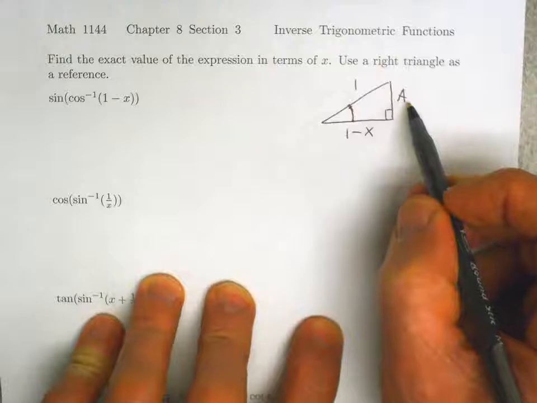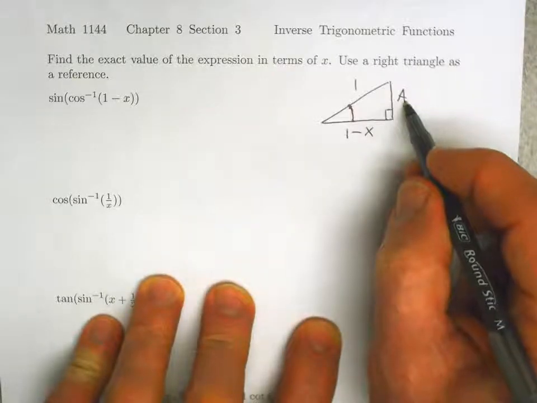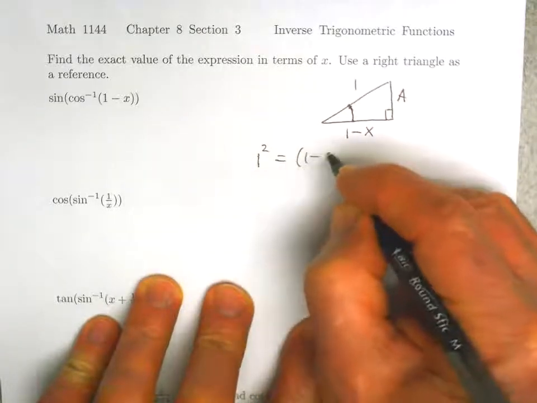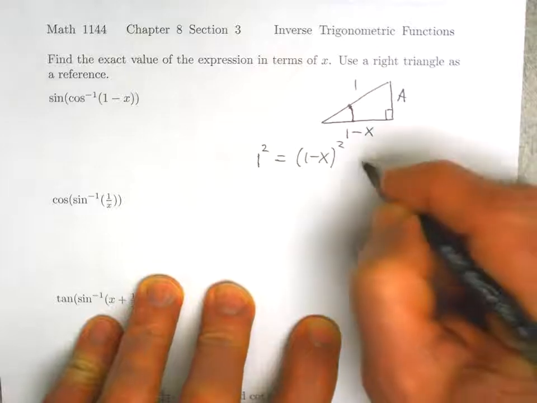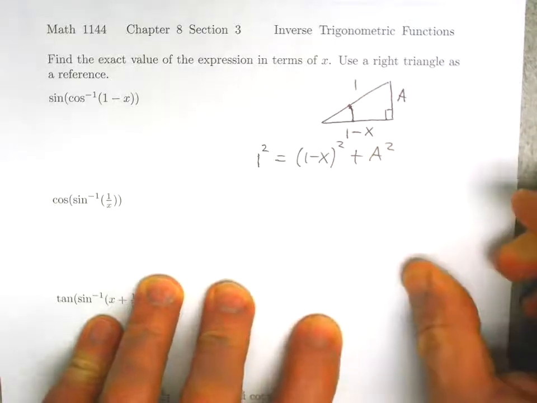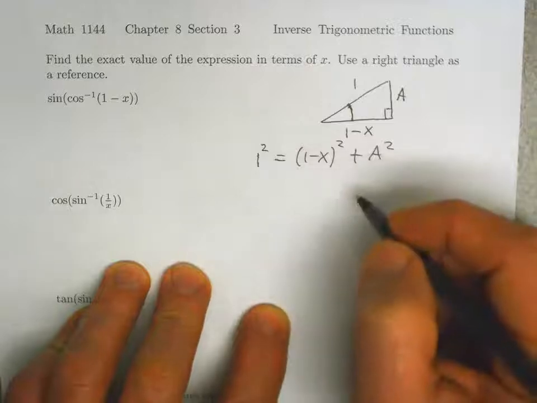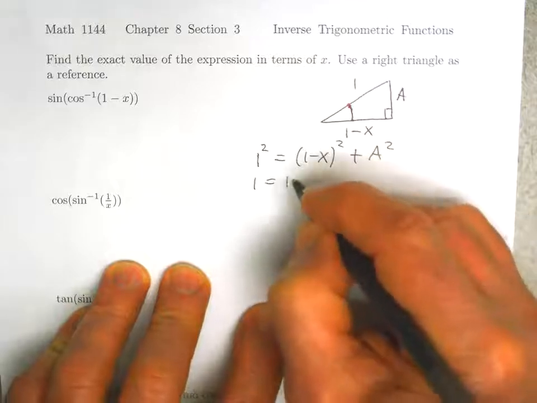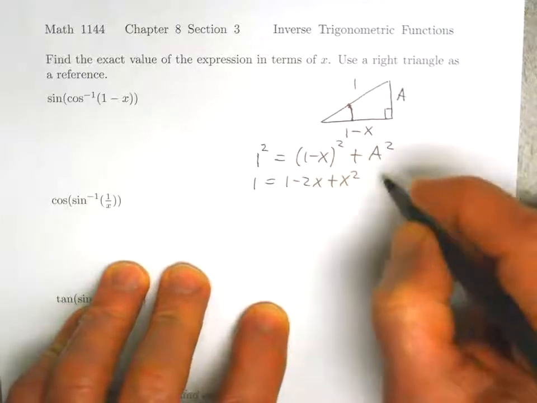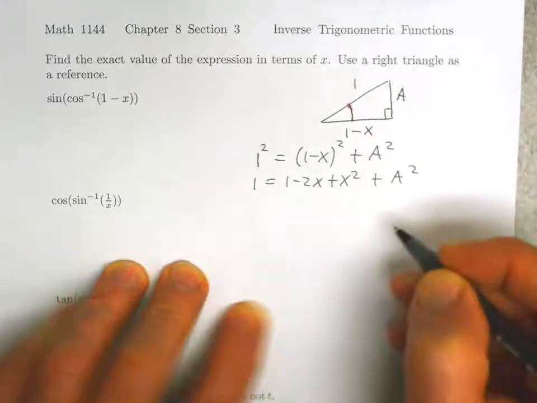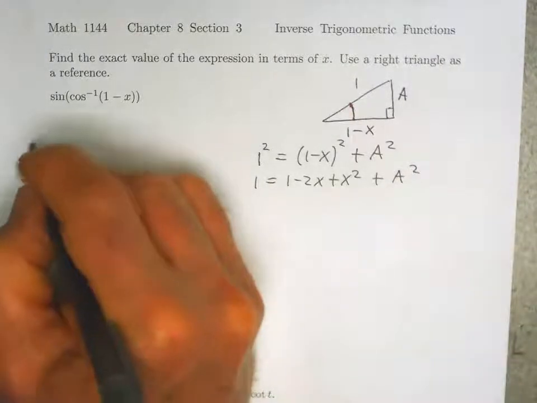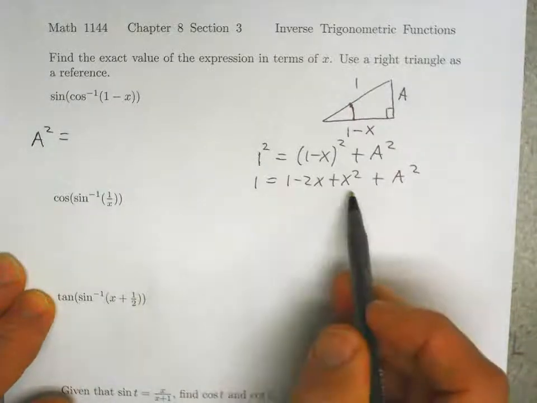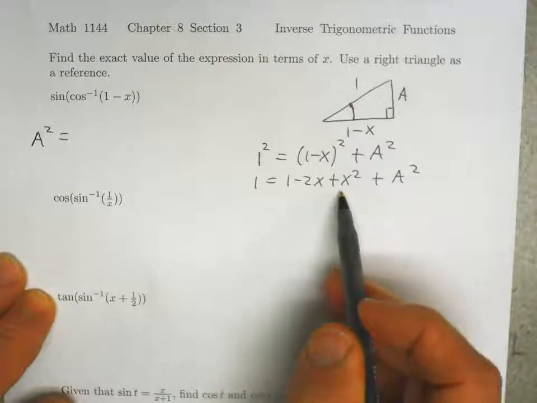Then we use the Pythagorean Theorem to determine what A is. So 1 squared equals 1 minus x squared plus A squared. And then when we square 1 minus x, we get 1 minus 2x plus x squared plus A squared. And then I'll write A squared equals, we'll subtract 1 from both sides, add 2x, subtract x squared.